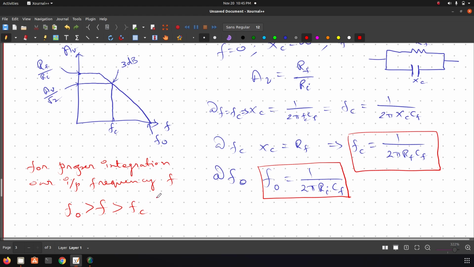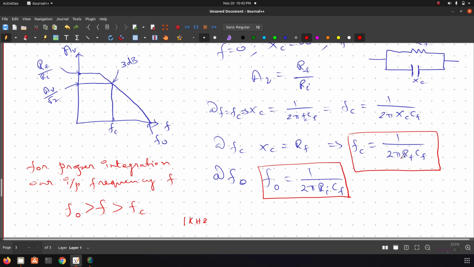If our frequency is, say, 1 kilohertz, we can make this fc such that it is less than our input frequency. How can we alter this?